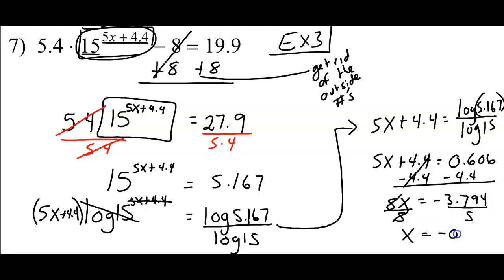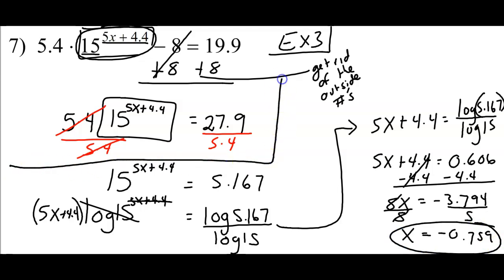I'm getting negative 0.759 approximately. So from here down, all that over there is old stuff. This is the new stuff. Get rid of the outside numbers first and then just do what we did before.